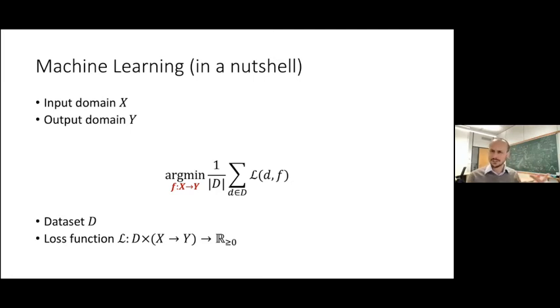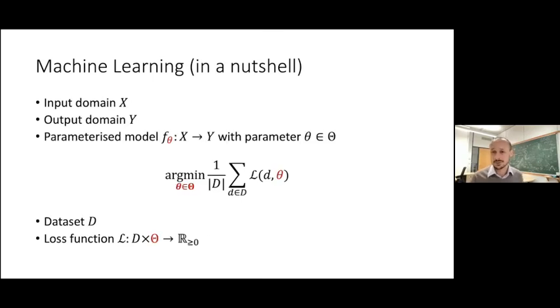Okay, so termination analysis is a search for functions, and machine learning is a search for functions. How do we make the first fit into the other? So now I will fill in the ingredients one by one. First of all, perhaps for the machine learning people this is not so scandalous, but for a logician, searching over all functions is very hard to do. In fact, what happens in machine learning is that normally we're not searching over all functions that satisfy that type, but we have a parameterized model.